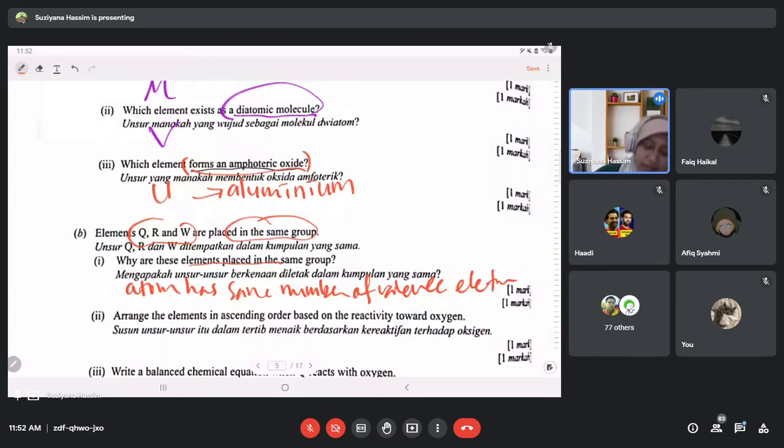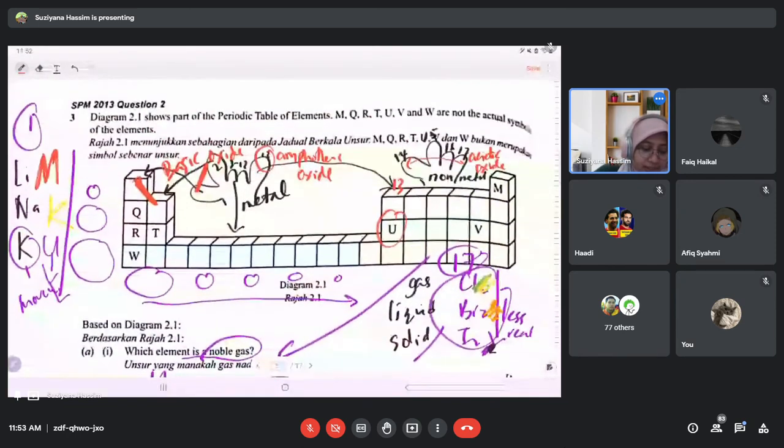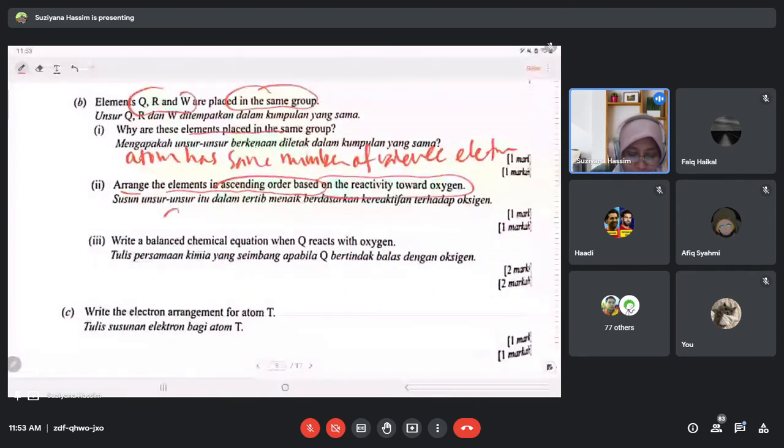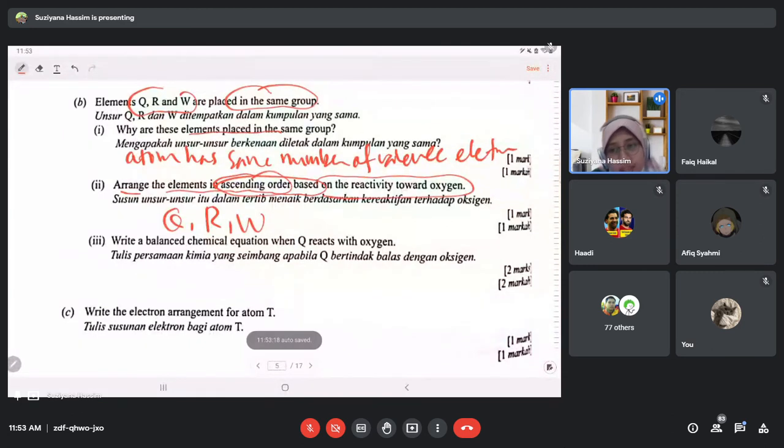Okay, arrange the elements in ascending order of reactivity towards oxygen. Lithium, sodium, potassium, so more reactive. The answer: W is the most reactive compared to Q and R. So the answer is Q, R, W, ascending order.